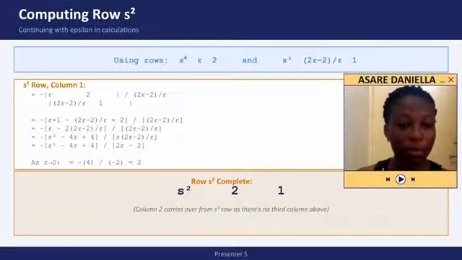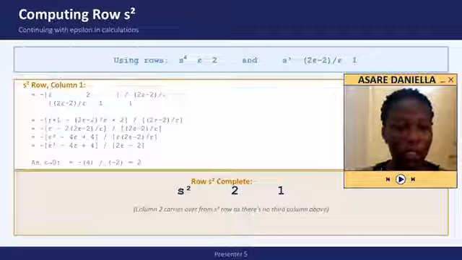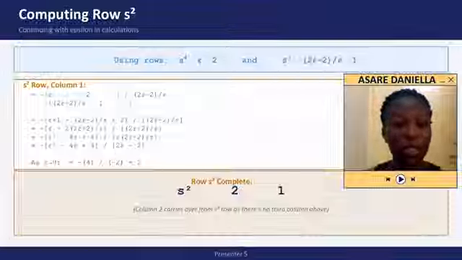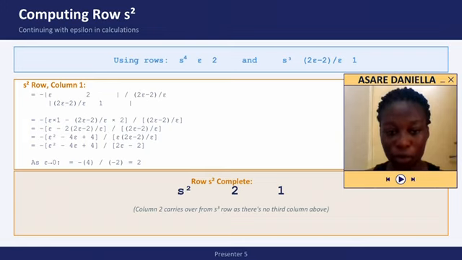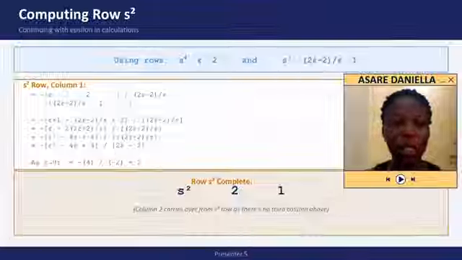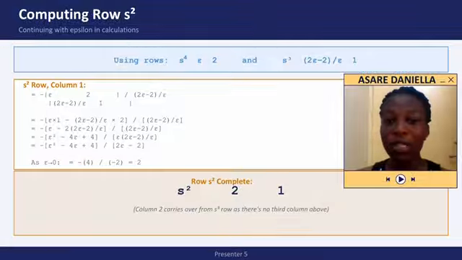Therefore, this leads us to epsilon times negative epsilon over 2, plus 4 over epsilon times negative epsilon over 2. This gives negative epsilon squared over 2 minus 4 over 2, which gives us negative epsilon squared over 2 minus 2.